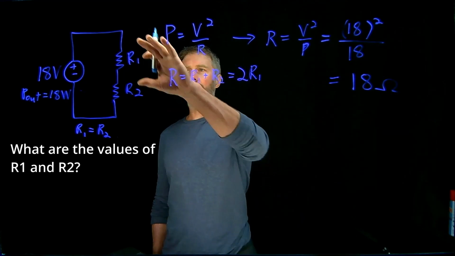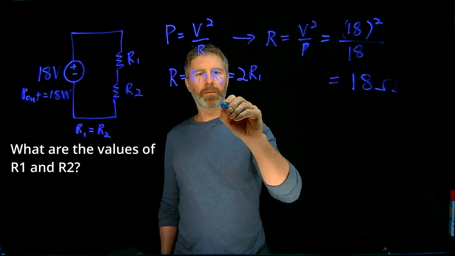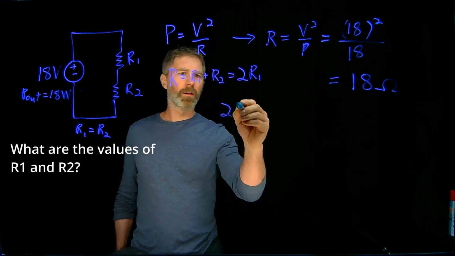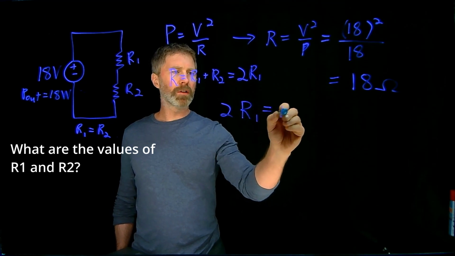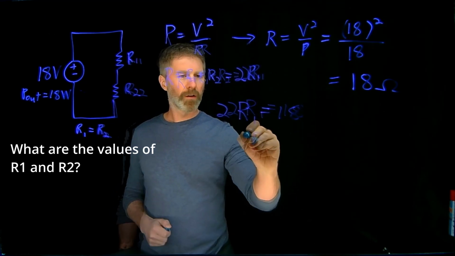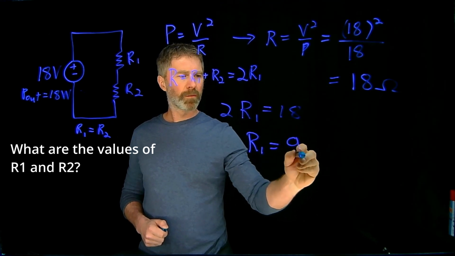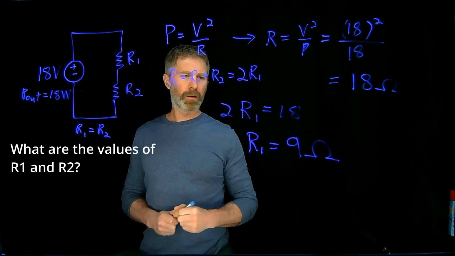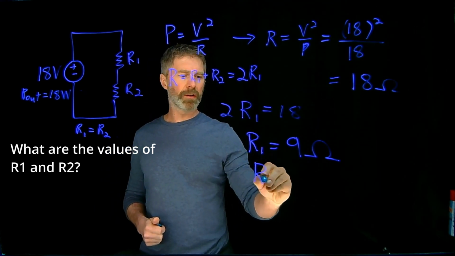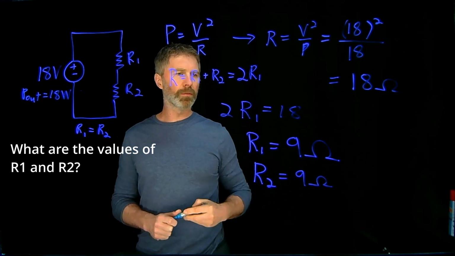So R is 18 ohms, and that's the total resistance of R1 plus R2. So 2R1 is equal to 18, which means that R1 is 9 ohms. Also, since they're equal to each other, R2 is 9 ohms.